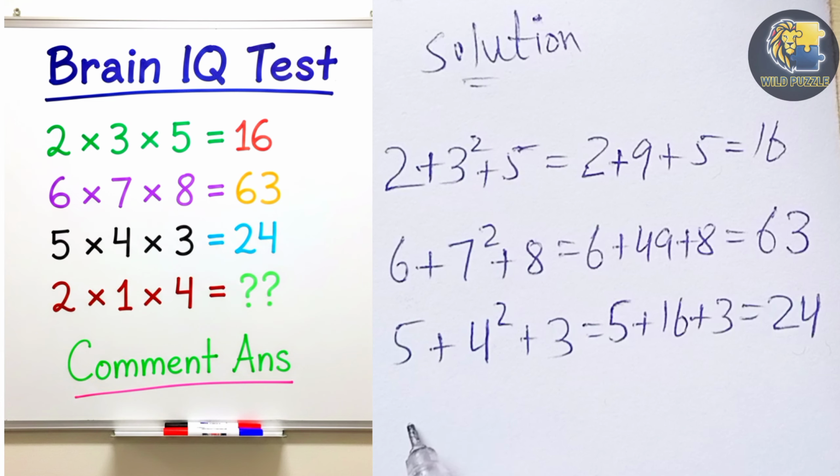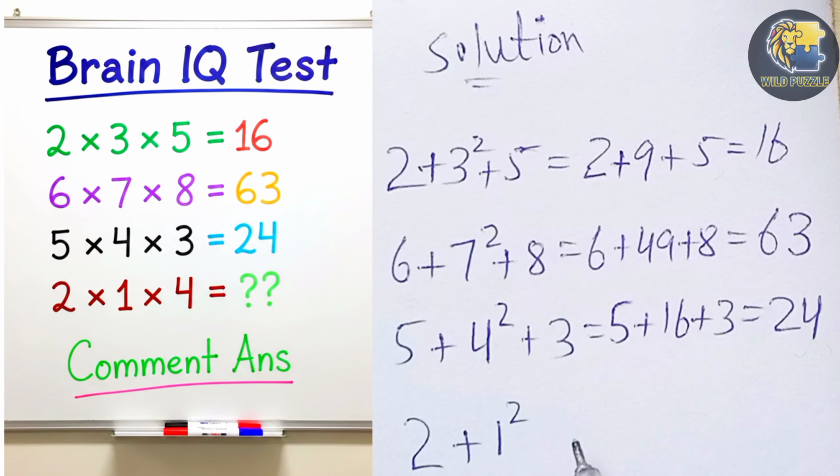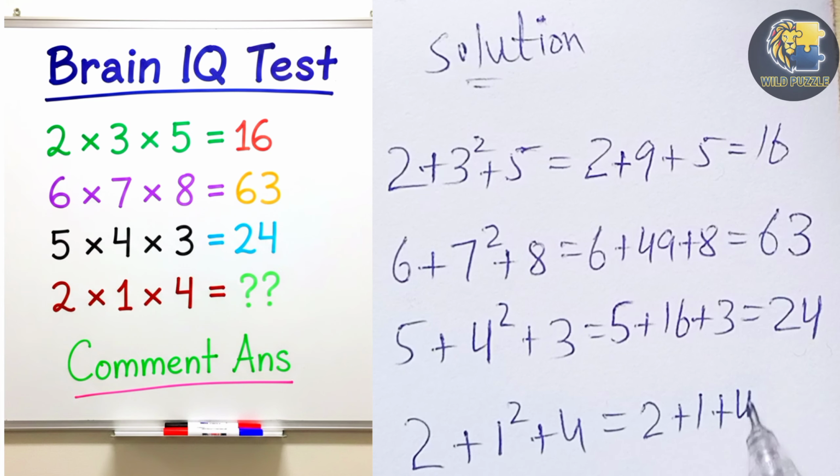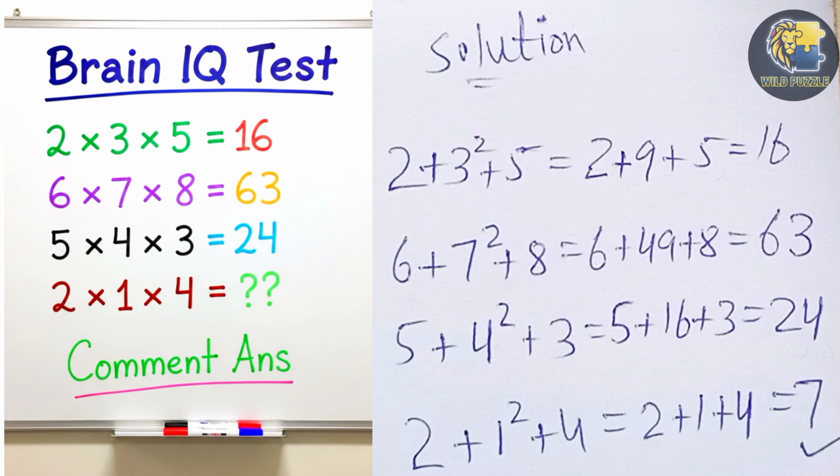Final equation: 2 plus square of 1 plus 4 equals 2 plus 1 plus 4 equals 7. So the correct answer of this is 7.